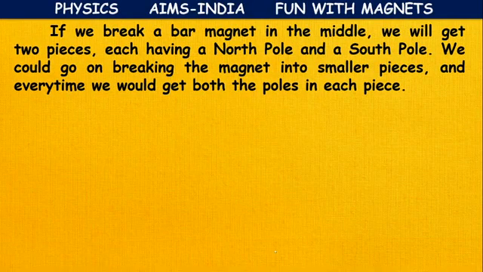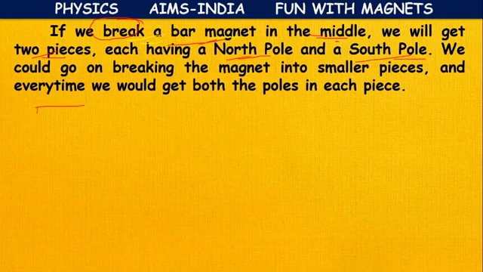Okay, children. So if we break a bar magnet in the middle, we will get two pieces. I have already told you, each piece will have a North Pole and a South Pole.